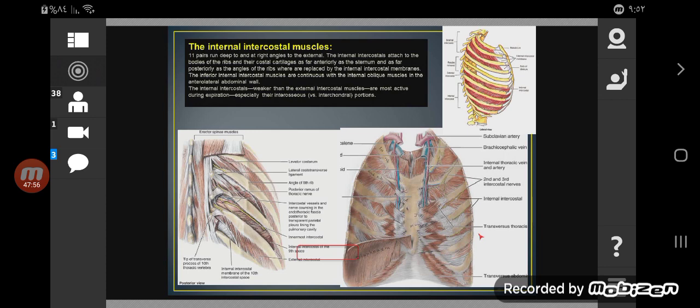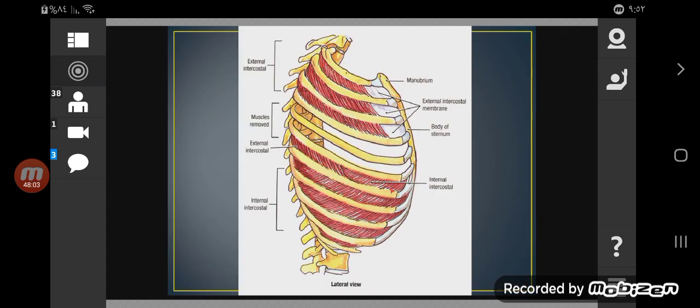In this intercostal space, you've got only internal intercostal muscles. All right.